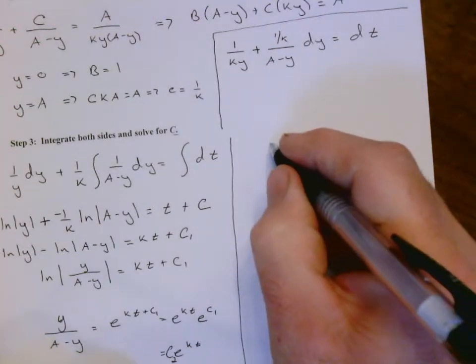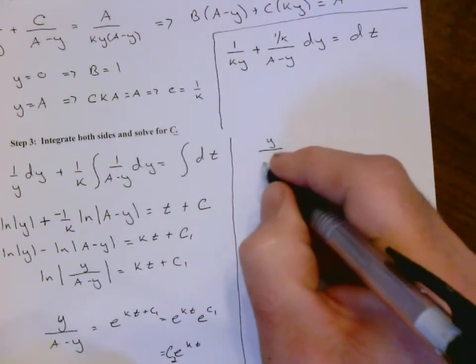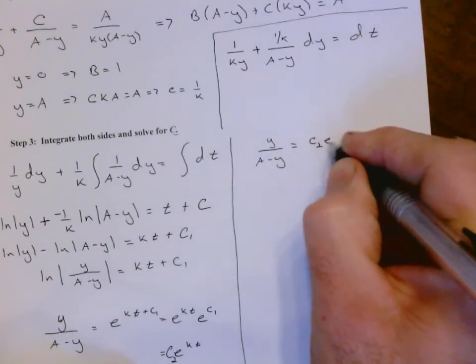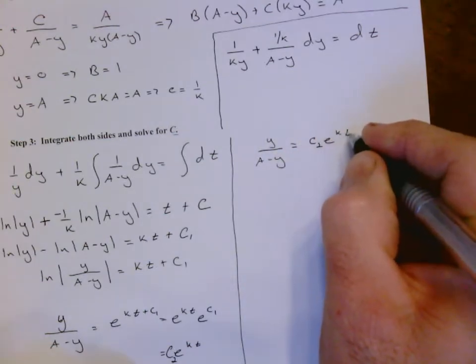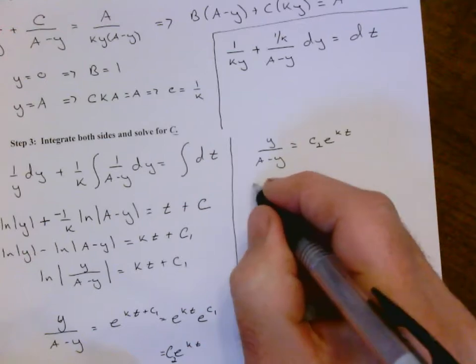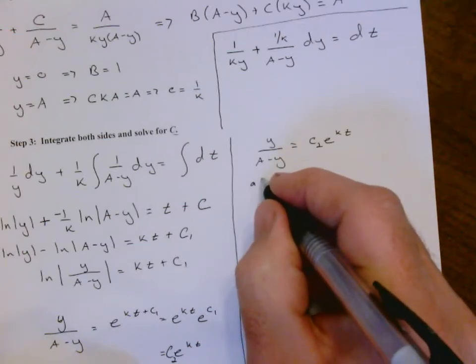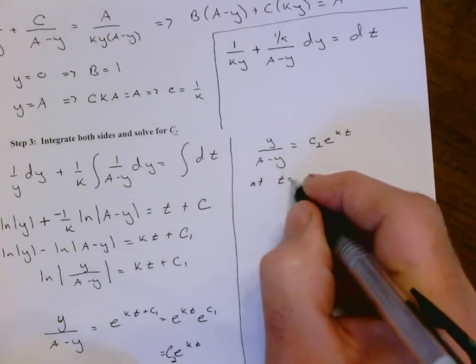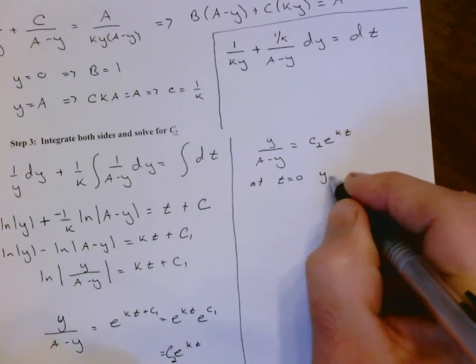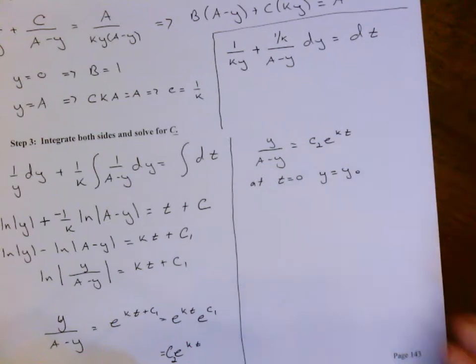So I'm just going to rewrite the equation. So I have y all over a minus y is equal to c2 e to the kt. Now, I'm going to plug in a value that I know, and I'm going to say at t is equal to 0, my initial population is y is equal to y naught.